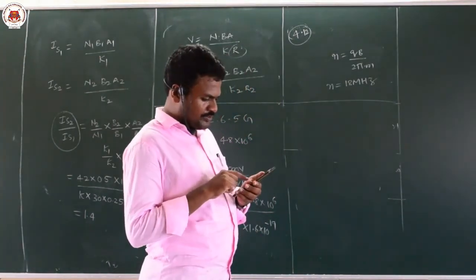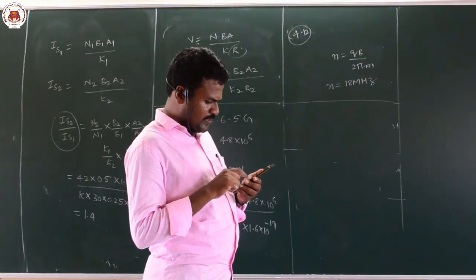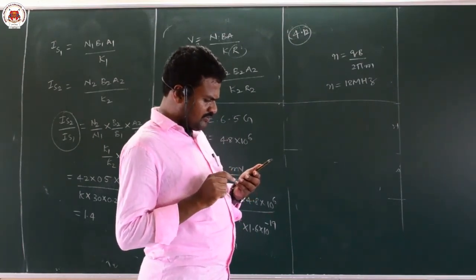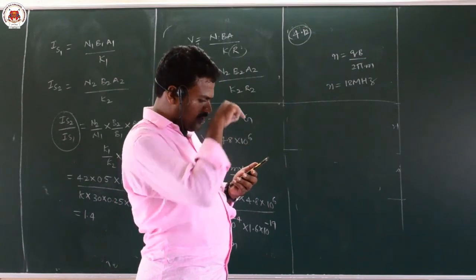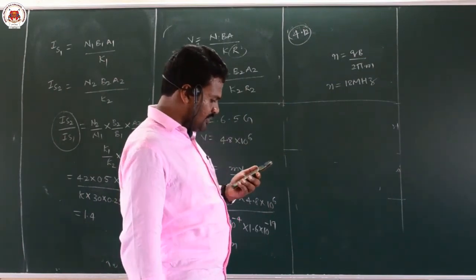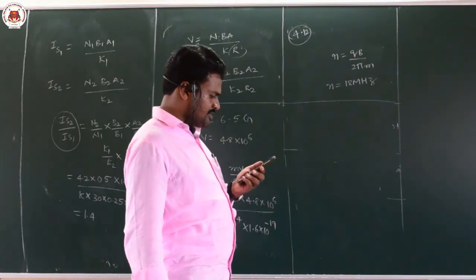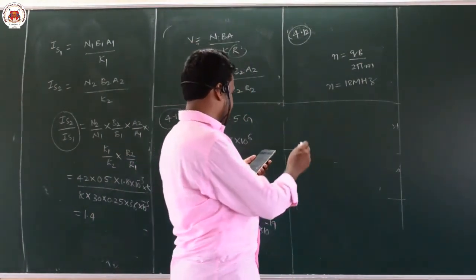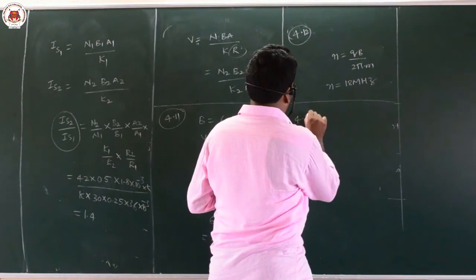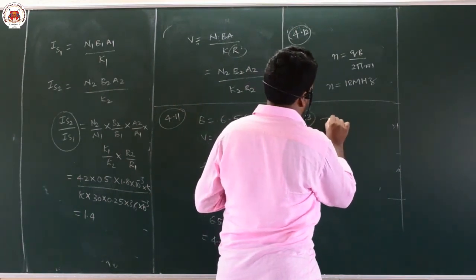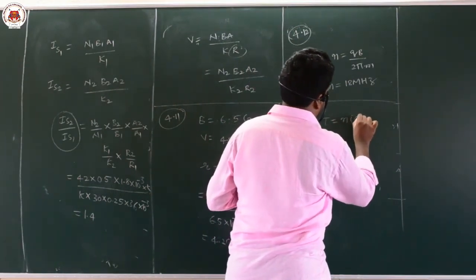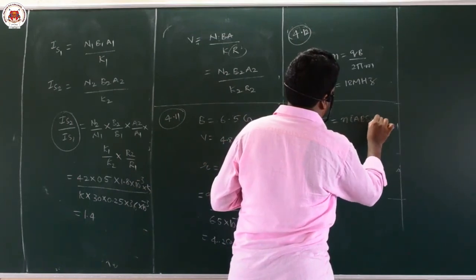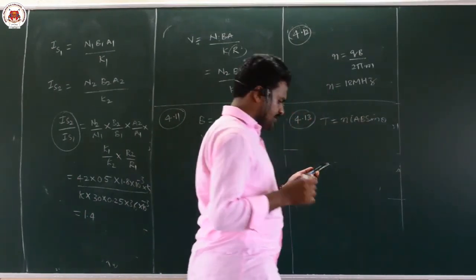Next, question number 4.13. In 4.13, what is asked is the magnitude of torque that must be applied to prevent the coil from turning. A circular coil of 30 turns is there, and it is asking for torque. Torque is equal to NIAB sin theta.